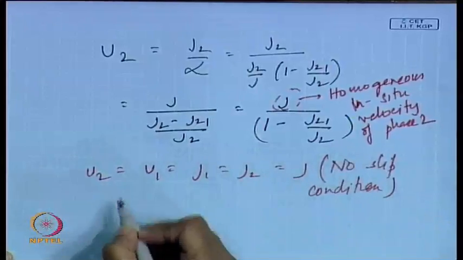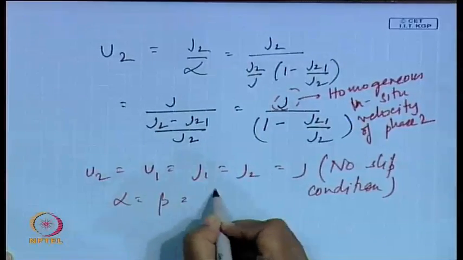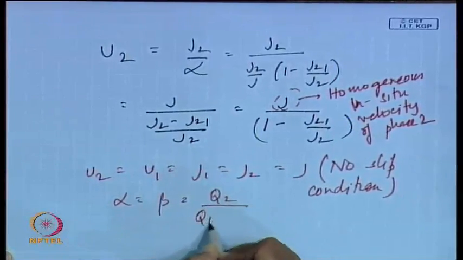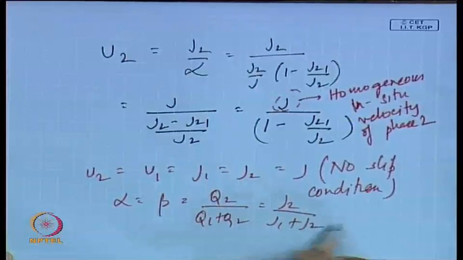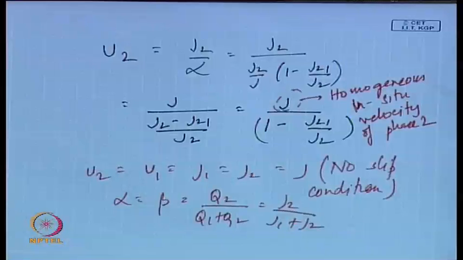and from here what we get? We get alpha equals to beta equals to Q2 by, everything expressed in terms of input parameters. Fine, but we find that that is grossly erroneous. So, instead of that, if we can introduce some particular term which will be a function of the relative motion between the two phases, then we will get a much more accurate value.